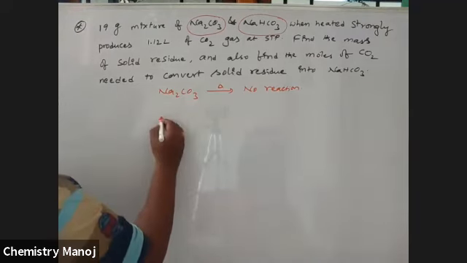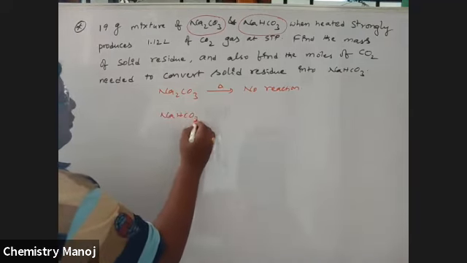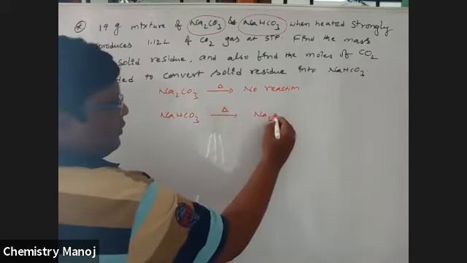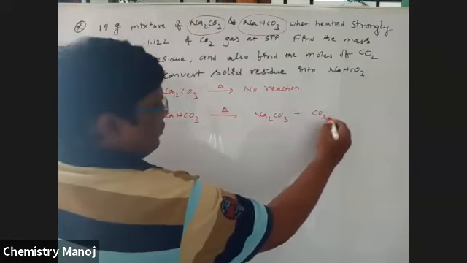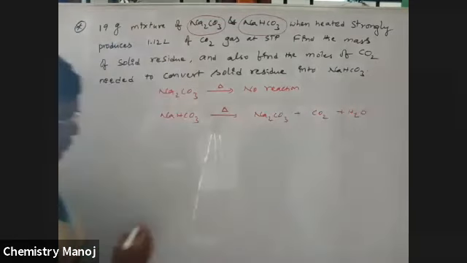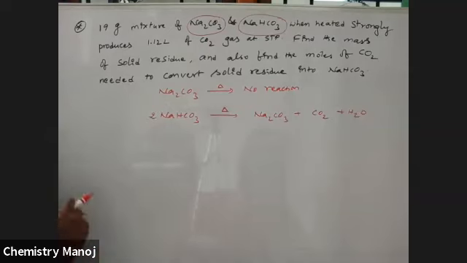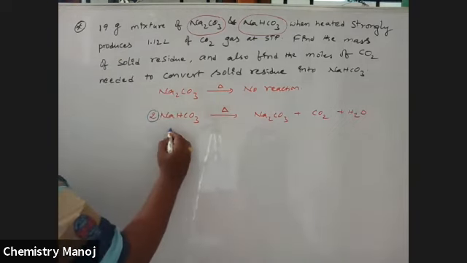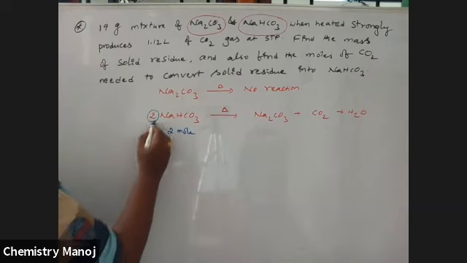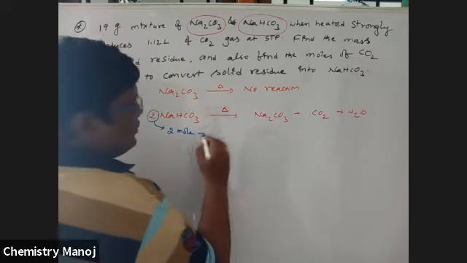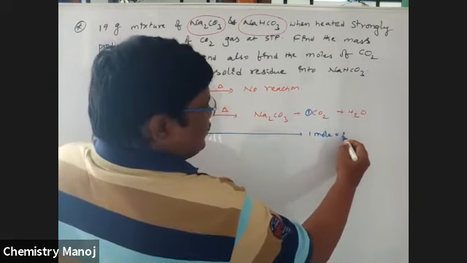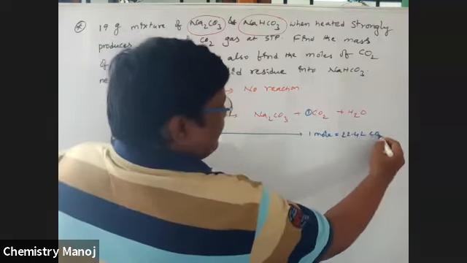But NaHCO3 on heating gives Na2CO3 plus CO2 plus H2O. For balancing, 2 NaHCO3 gives that much. So 2 moles NaHCO3 gives 1 mole CO2, that is 22.4 liters CO2.